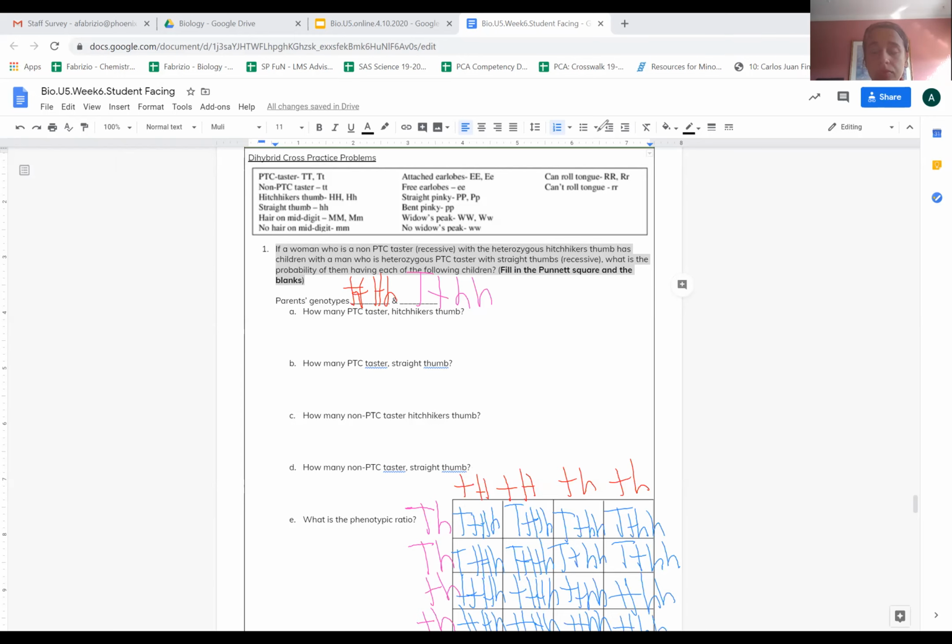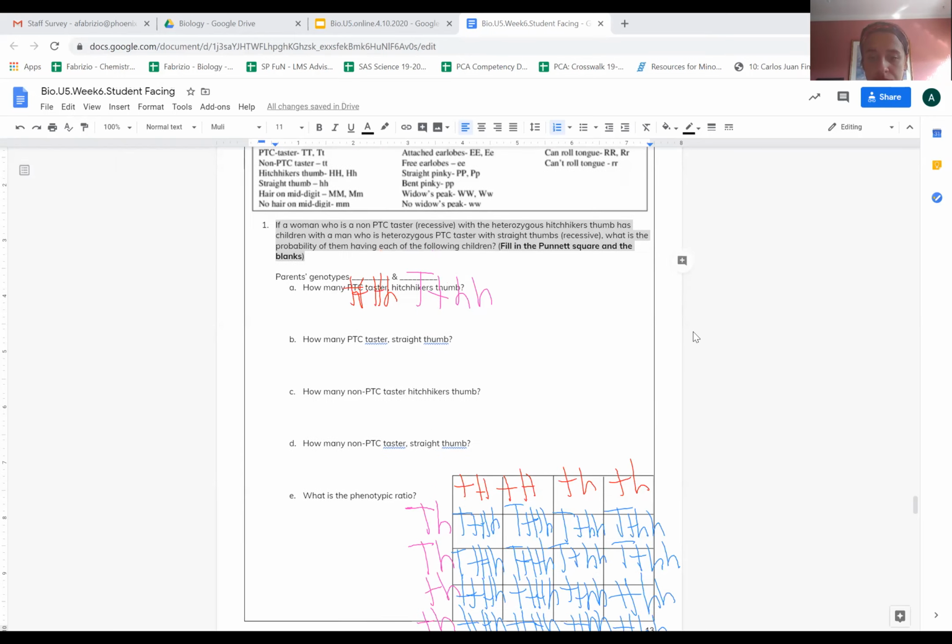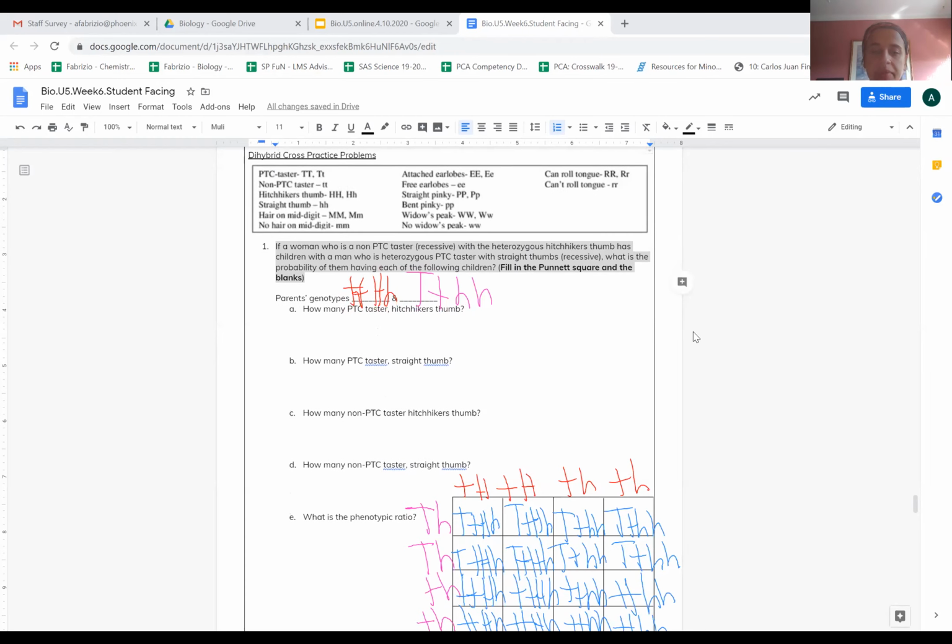So now it's asking us how many PTC taster and hitchhiker thumbs do we have? So PTC taster is going to be homozygous dominant or heterozygous, and then also having hitchhiker's thumb, so big H, homozygous or heterozygous.